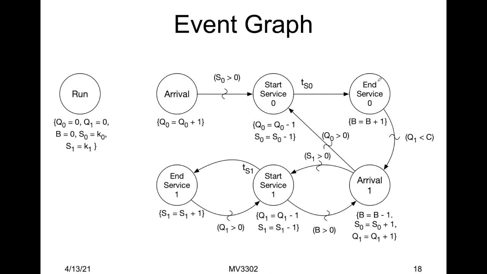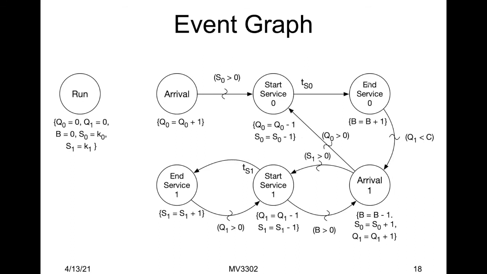If our end service event at the first workstation simply increments the number of blocked parts, then we can't schedule a start service, because supposing at this point there aren't any available servers, machines, on the first workstation.